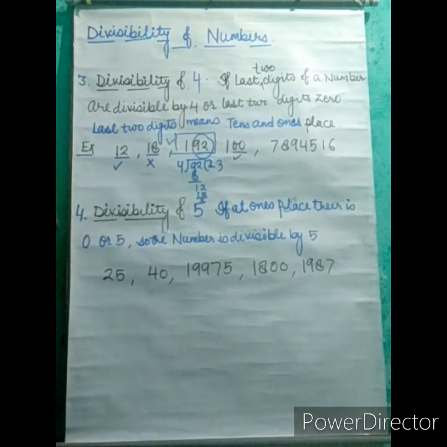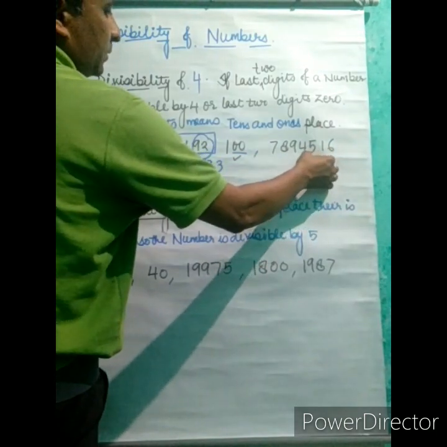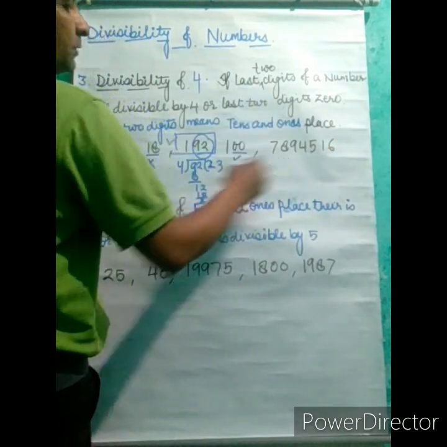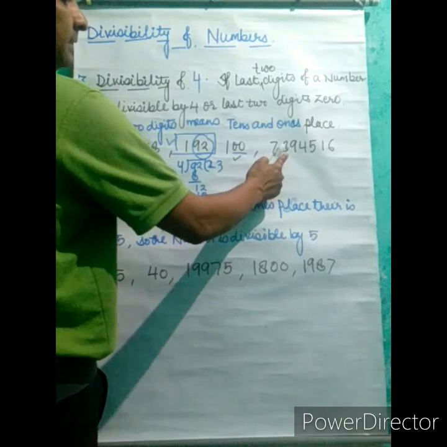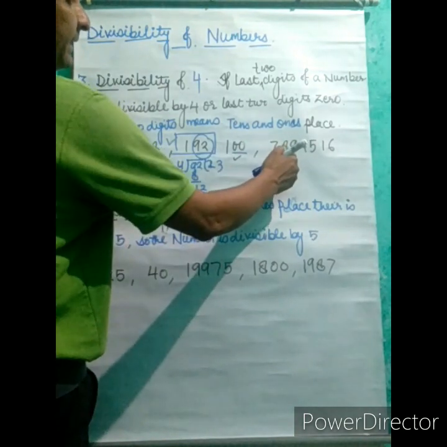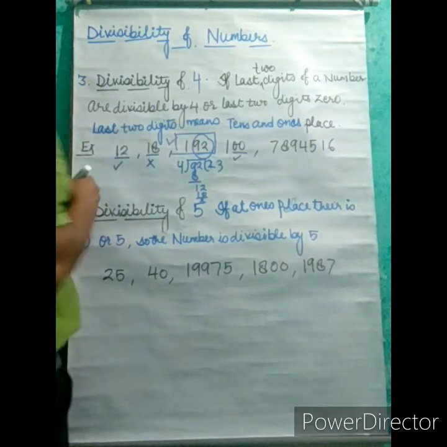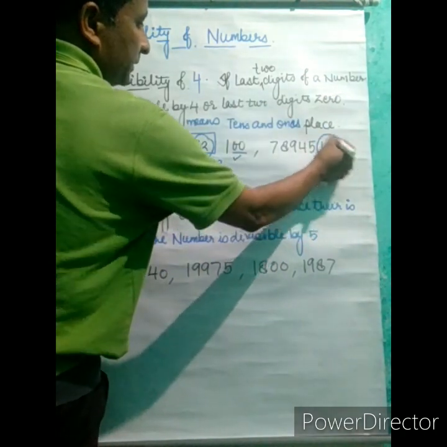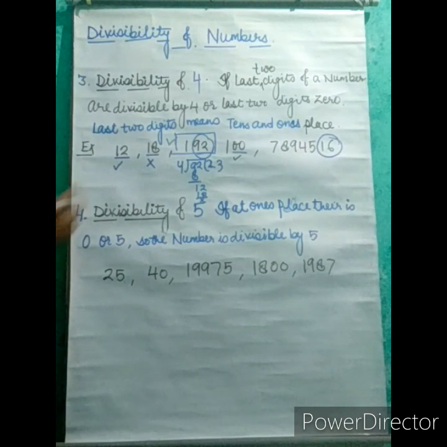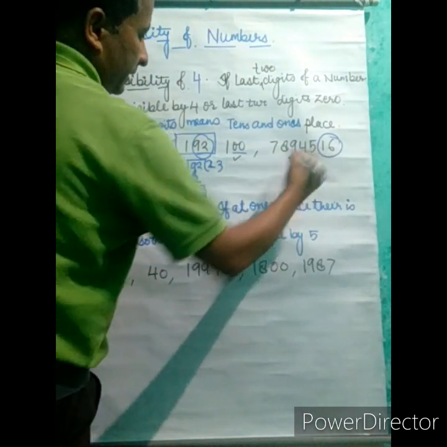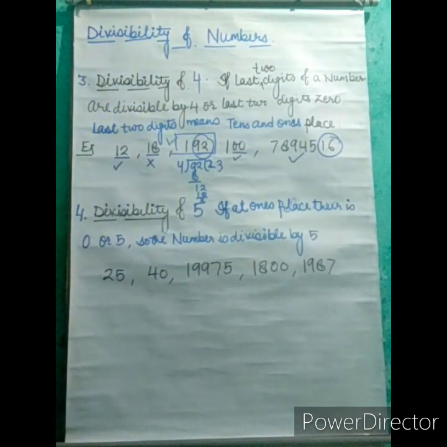Now we are having a big number here: ones, tens, 100, 1000, 10,000, lakh, 10 lakh. 78 lakhs 94,516. For this also you will take the last two digits. 16 is divisible by 4, so this whole number is divisible by 4.